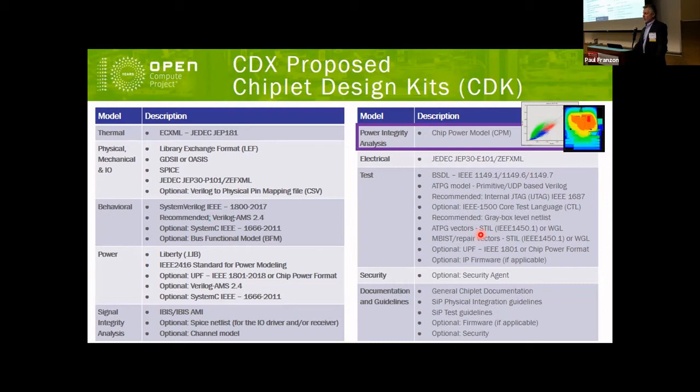So these CPM models are used by the power integrity analysis to model the entire power integrity of the power delivery network. Now, again, separate CPM models should be provided if there are significantly different power profiles in the different modes.